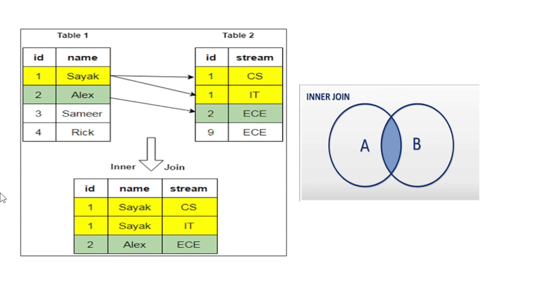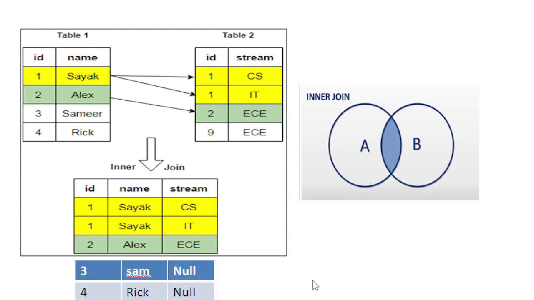I would love to ask you this question: if you apply a left join, what would be the outcome of this table? Think about it and answer me. Okay, I'll show you what the output would be. So this is the output if we apply a left join on this table.